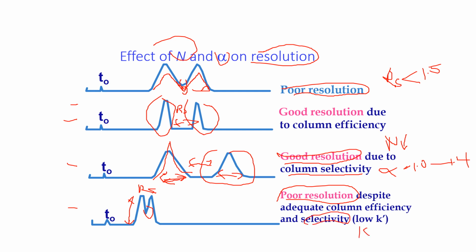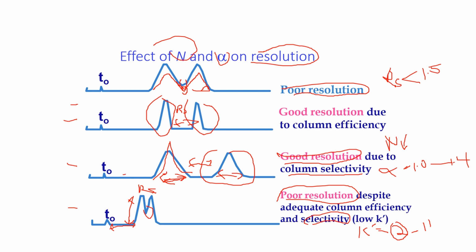The K prime that we want is between 2 to 11. But here you see that the distance between the void volume and the first peak is just a few seconds away, for example. So this will give you a K prime of 2 plus. The one that we want is around 3, but 2 is still acceptable.